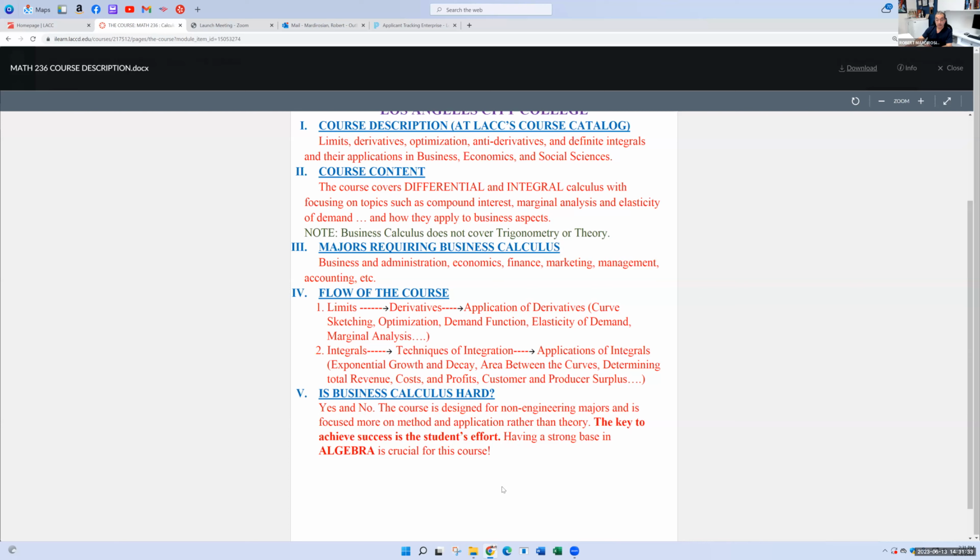Also I put the note: having a strong base in algebra is crucial for this course. The concept of calculus itself is not very hard. However, to do the limits, derivatives, integration, you need to know algebra.